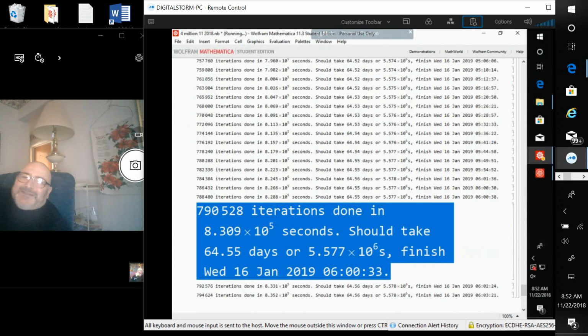It should take 64.55 days, or 5.77 times 10 to the 6th seconds altogether, and finish Wednesday, the 16th of January, 2019 at 6 o'clock a.m. and 33 seconds.